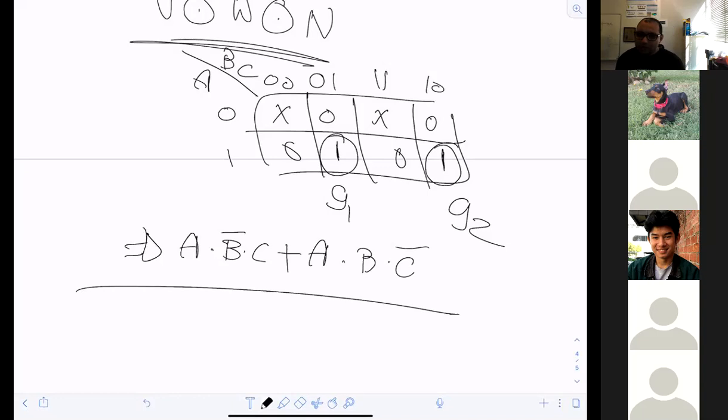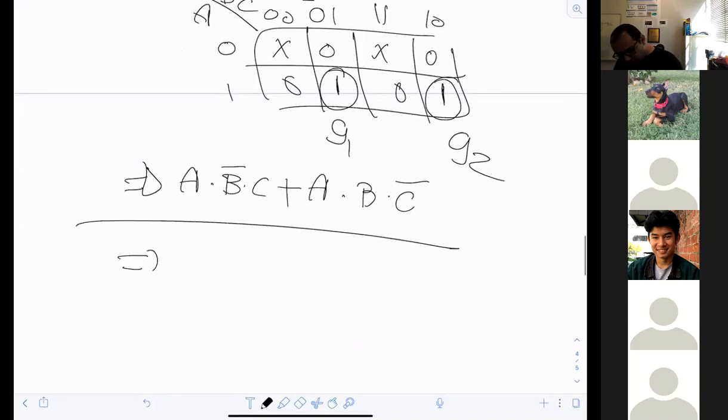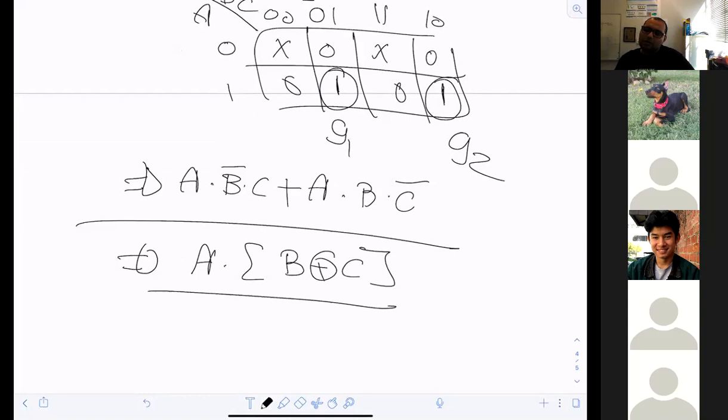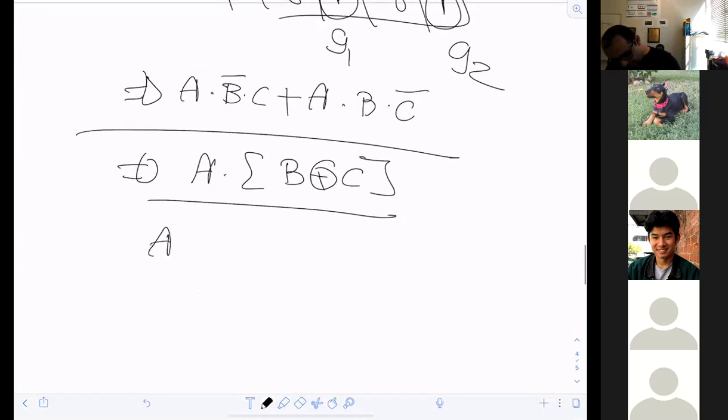Which end of the day is A ANDed with B XORed with C. Then you have to check, what if this X will be 1 and this X will be 1? It will turn out to be XNOR, so they're going to be A XNOR B XNOR C.